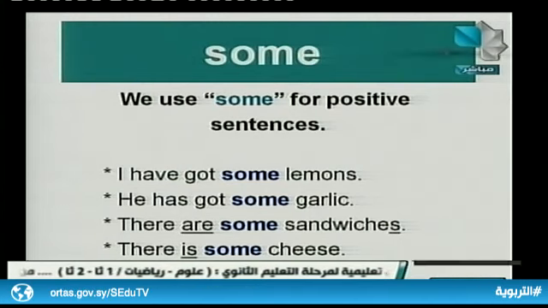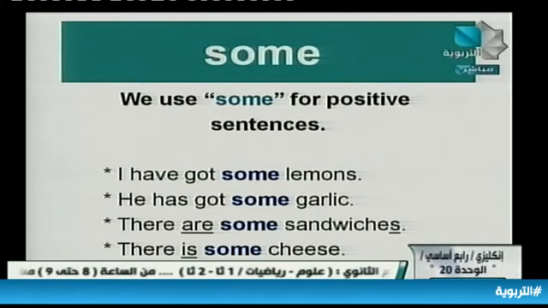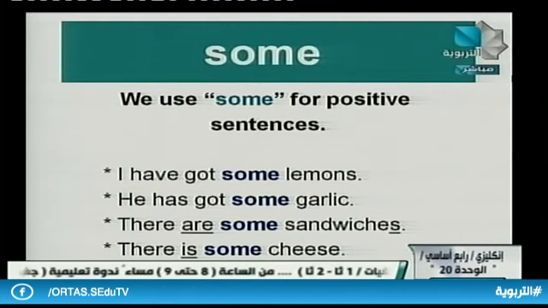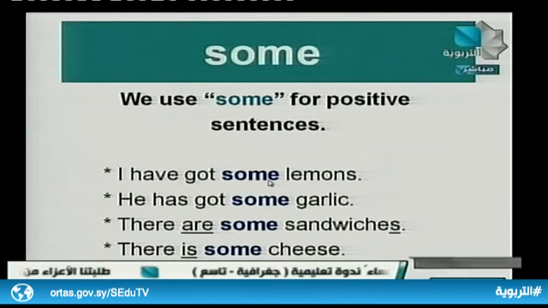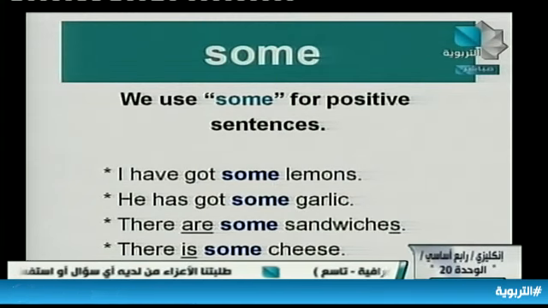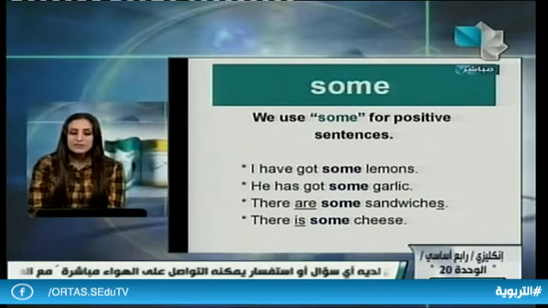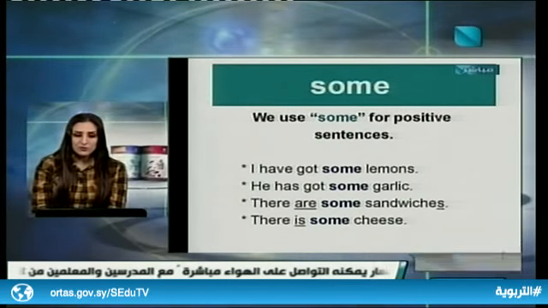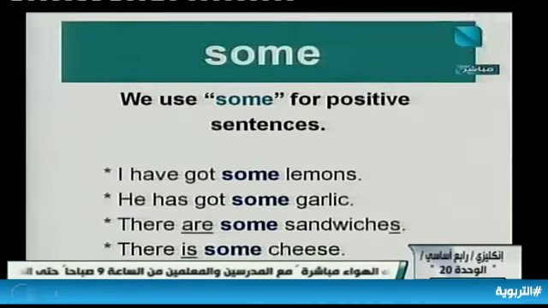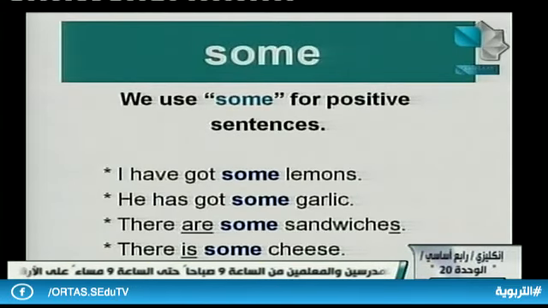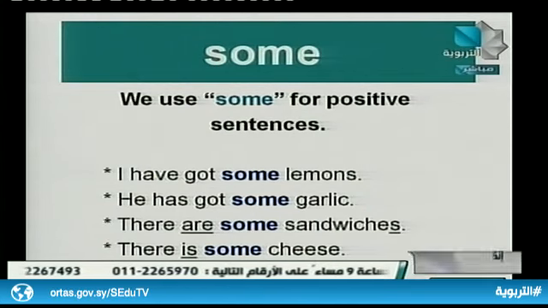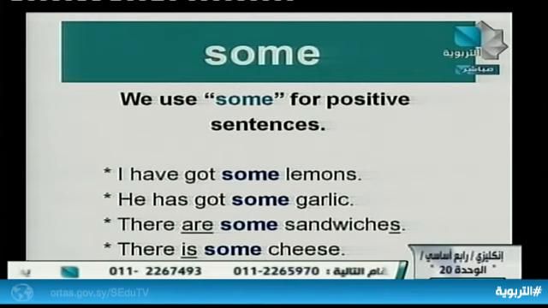In all these sentences, we are using the word some. You see? And to look at these sentences in more detail, some lemons, some garlic, some sandwiches, some cheese, we see that we use some with countable nouns in plural, like some sandwiches, and with uncountable nouns, like some garlic. We cannot count the garlic.